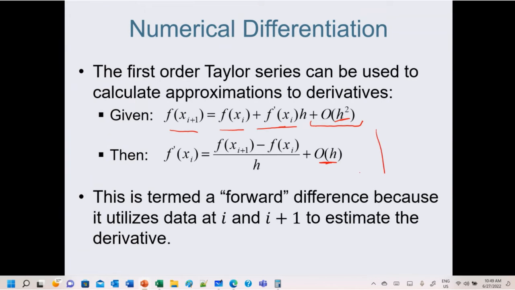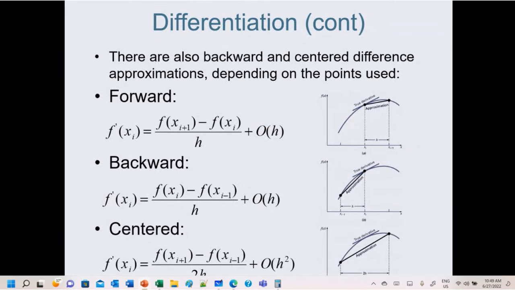When we use a point like this, if we have xi and we use a point xi plus 1, then we call this a forward difference because we are using a point i and then a point i plus 1 which is forward, coming after it. We can find it similarly backwards, because we need delta y and delta x.